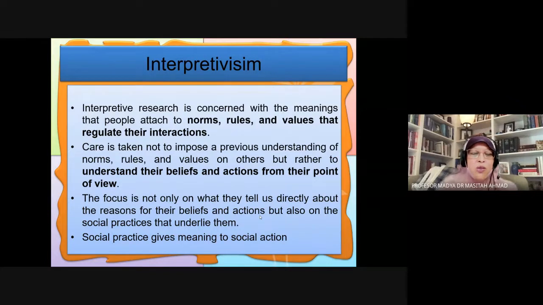So that is also what we can talk about when we talk about this interpretivism, whereby we are concerned with all of this. And then we take care not to impose a previous understanding of norms, rules, and values on others, but rather to understand their beliefs and actions from their points of view.